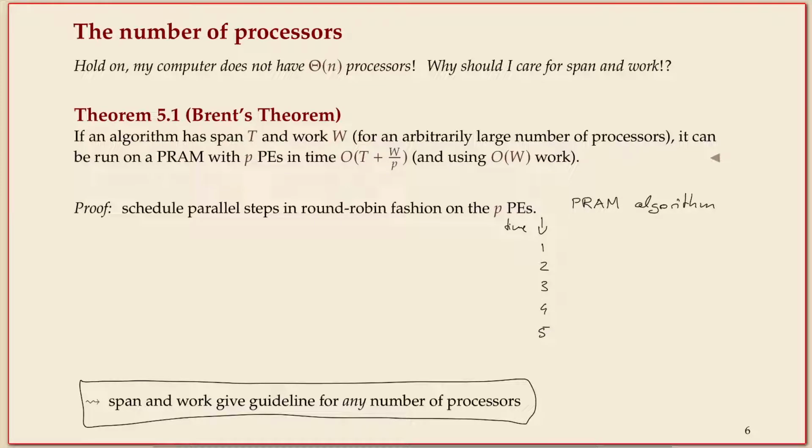And then let me draw the instruction that each processing element does. So it could be that we have 5 processing elements working on this, and they each do some instruction in time step 1. Then they do some other instruction in time step 2.